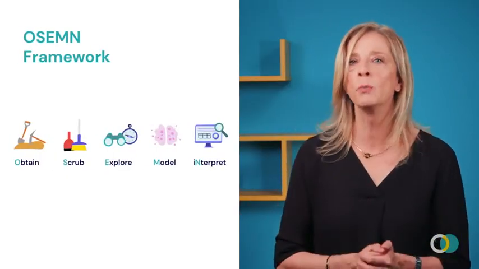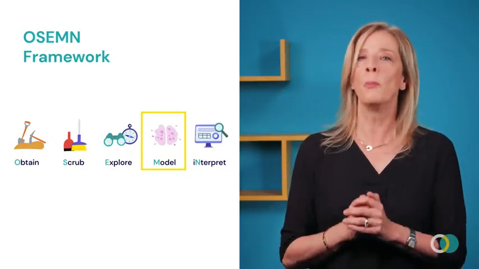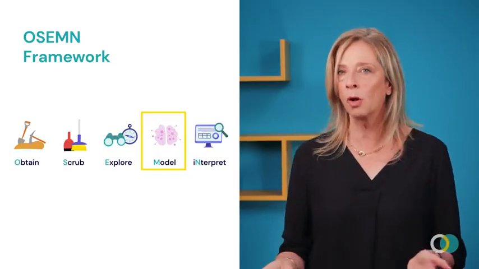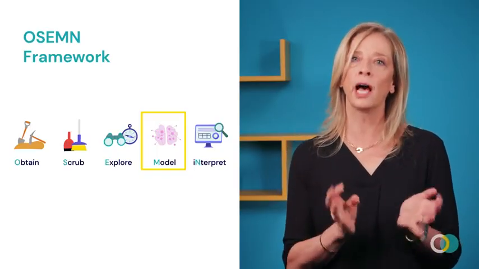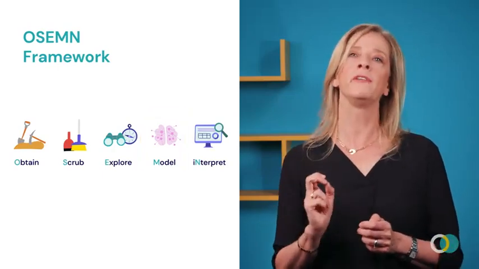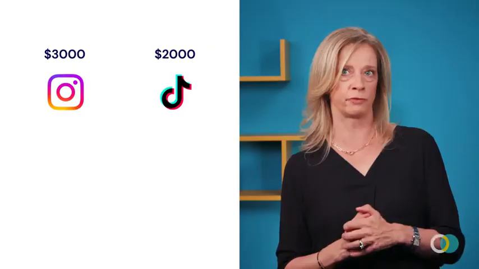So now Sheila moves into the model phase. Sheila decides to go back to her data analytics teacher, and together they built a statistical model that lets Sheila calculate what might happen to website visits if Kala and Ivy spent $3,000 on Instagram ads and $2,000 on TikTok ads in the month of June.